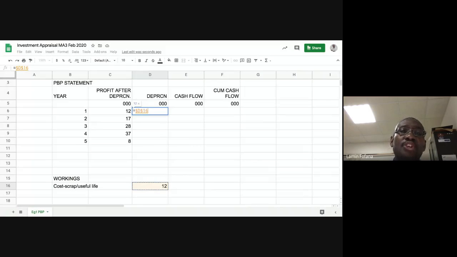What that means is the cell is absolute, meaning even if you copy this to anywhere, it can only be D16 and nothing else. Depending on the keyboard, sometimes your F4 can be hiding somewhere. But in case it's not working, you can just use the normal $ sign. It will work as well.